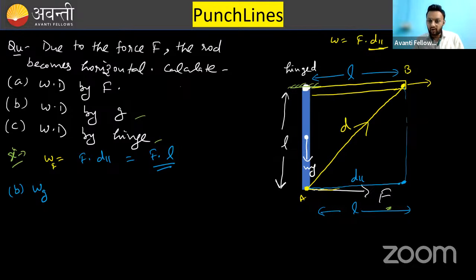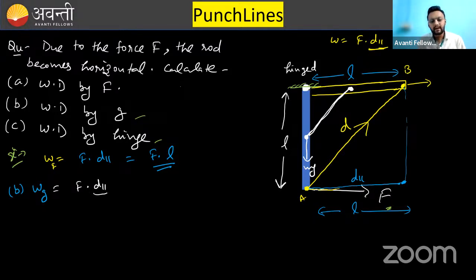If I say the rod becomes horizontal, then this center point is moved here. And again, the displacement is this one, because gravity is acting on this point and this point is moving to this point. So again, work done by gravity is force into D parallel.